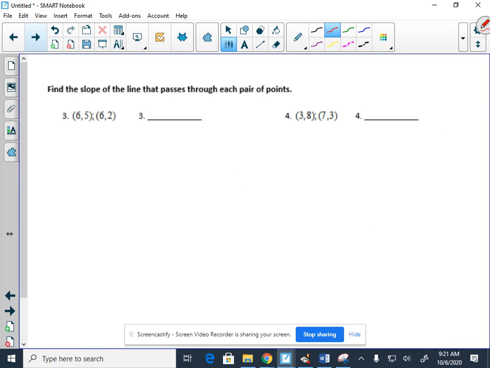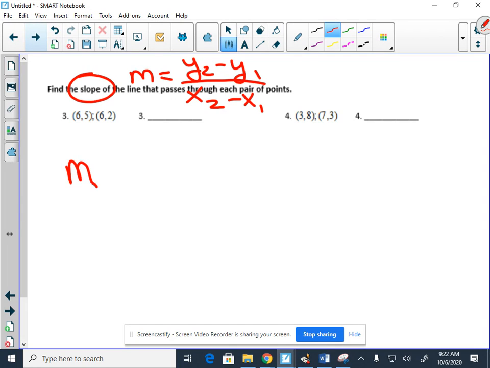All right, number 3, find the slope, find m. So we're going to use this equation. Okay, so hopefully you remember how to use that equation. Those are the y's.